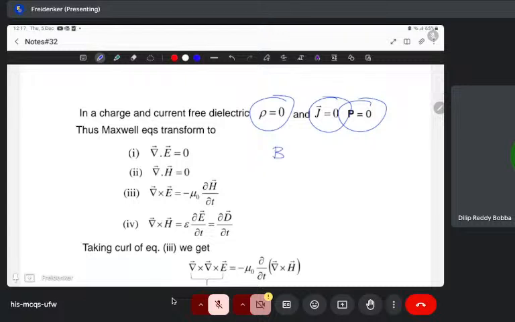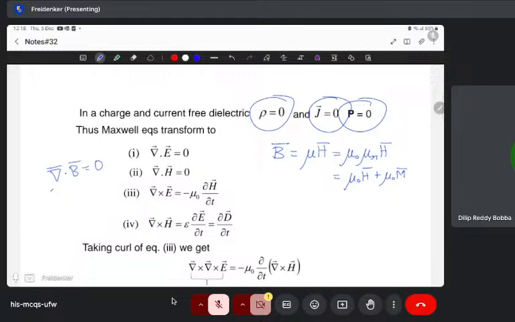I know B is mu H, or else I can write it this way. Fine. So we know that divergence of B is zero.